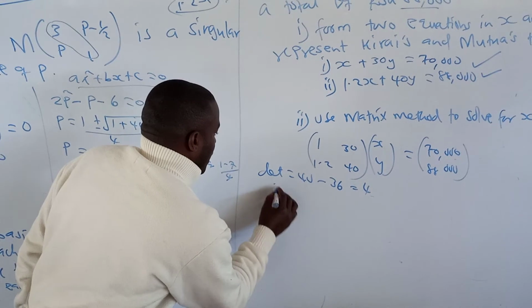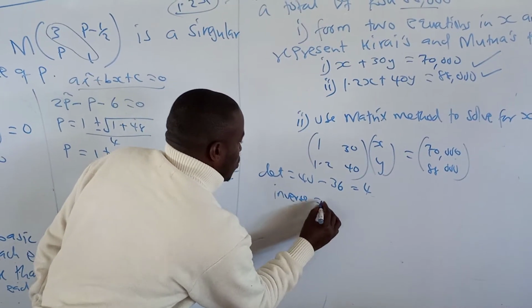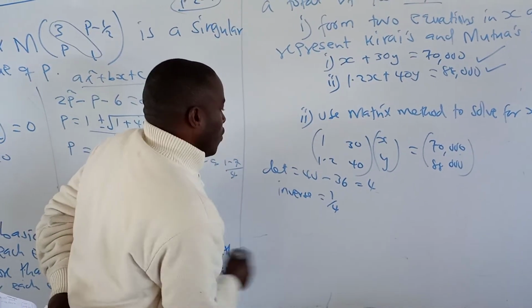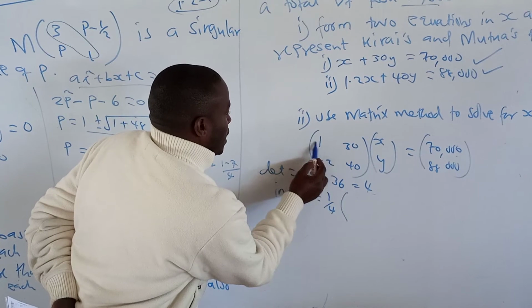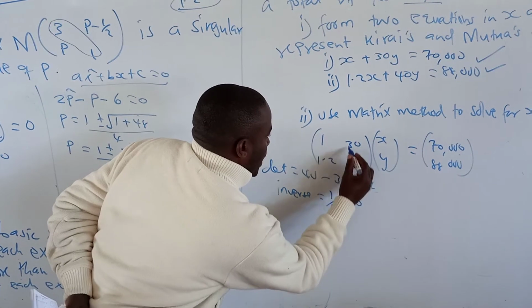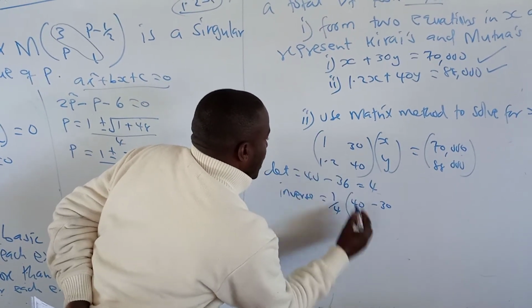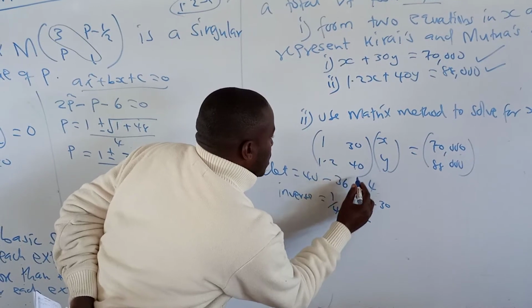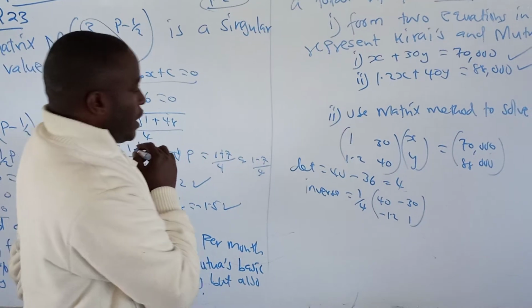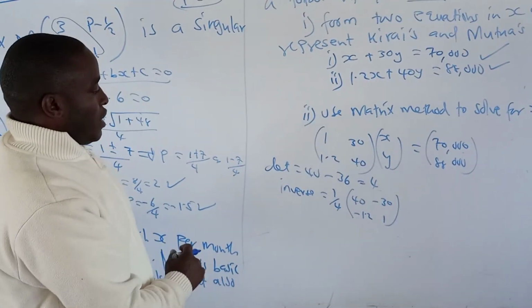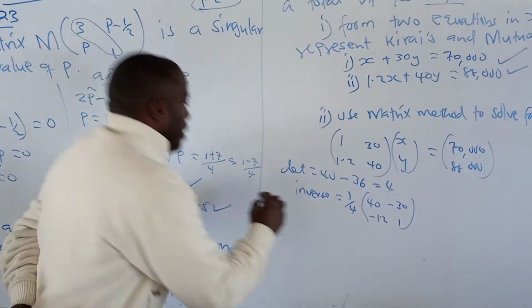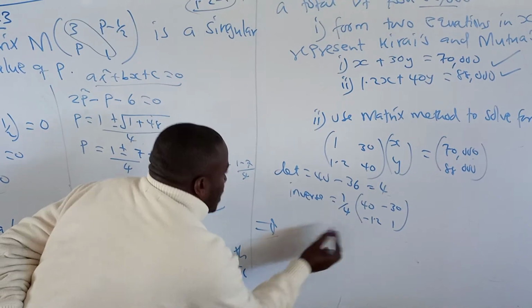The inverse of this matrix becomes 1 over the determinant, that is 1 over 4, into the matrix where we interchange the leading diagonal and negate the other diagonal. So it becomes 40, we negate this one to become negative 30, we negate this to become negative 1.2, and this one now we bring 1 here because we interchanged. That is the inverse. So we multiply everything by the inverse, on the left hand side and the right hand side.